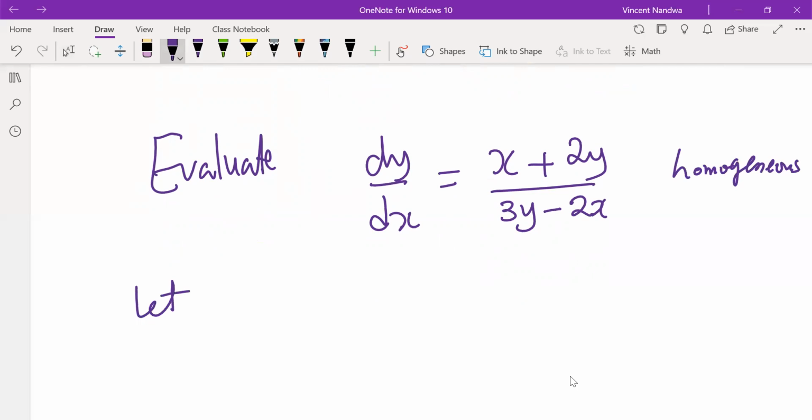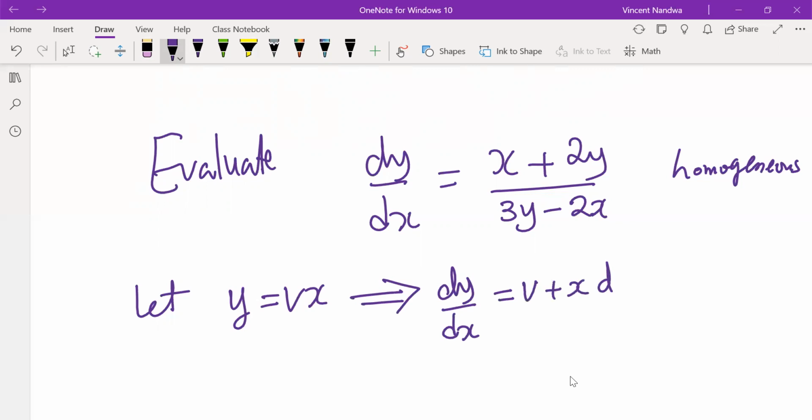So we let y be vx, which will give dy/dx as v + x dv/dx.